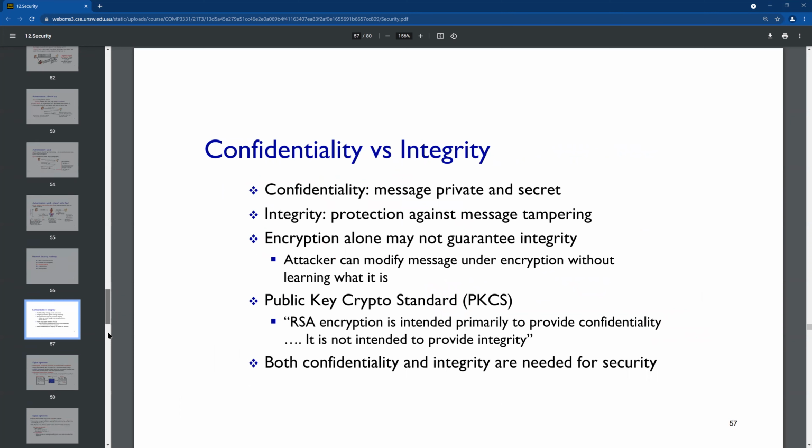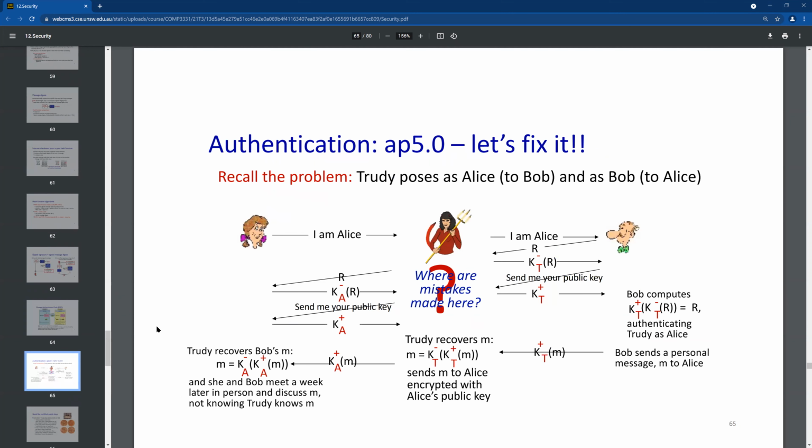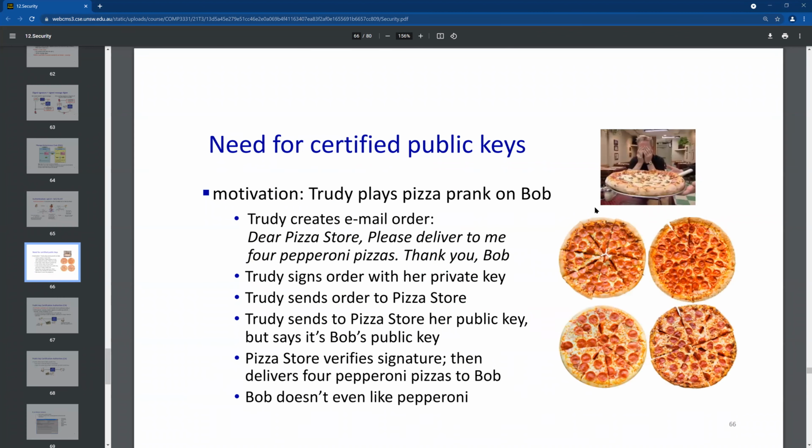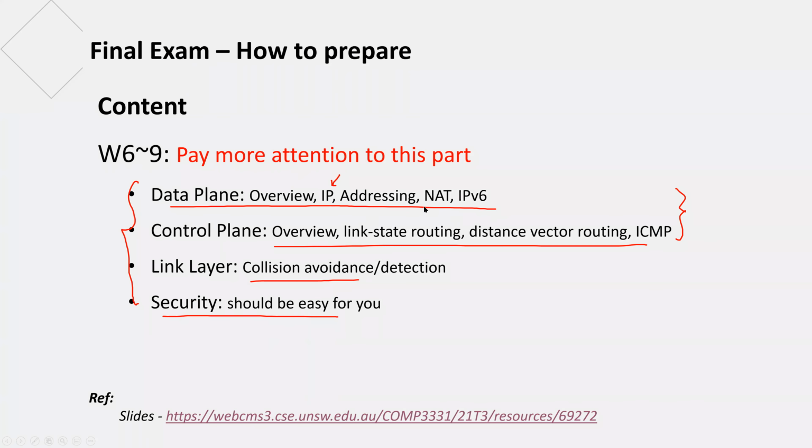Not really hard. I think the final exam should be very easy for you because, as you can see here, not much stuff. The calculation stuff is in this part, the IP addressing, and not much other calculation for the final exam.